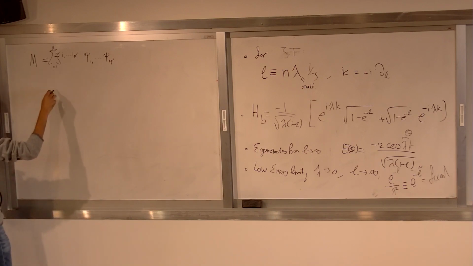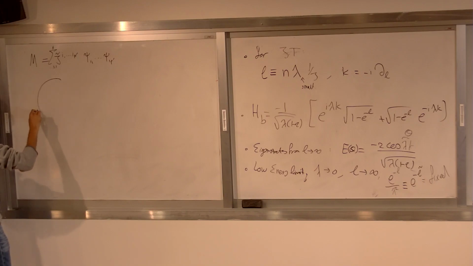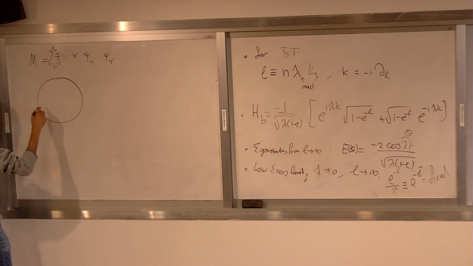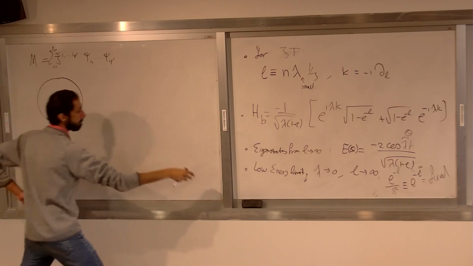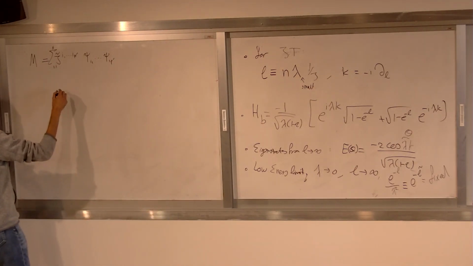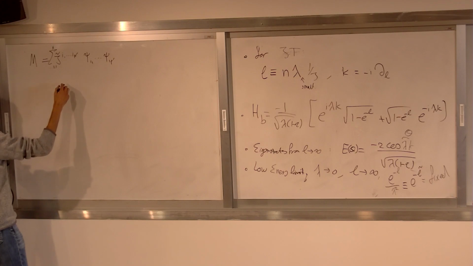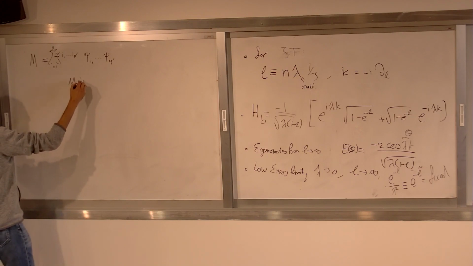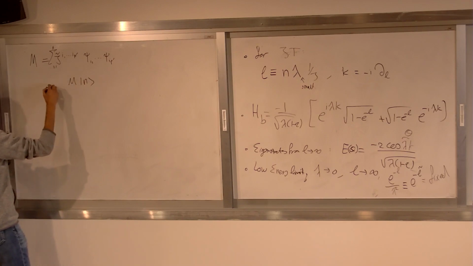So now the rules are the same. Here's the circle. Suppose I have a state. Let's compute the expectation or the 2-point function of M in a fixed n state.